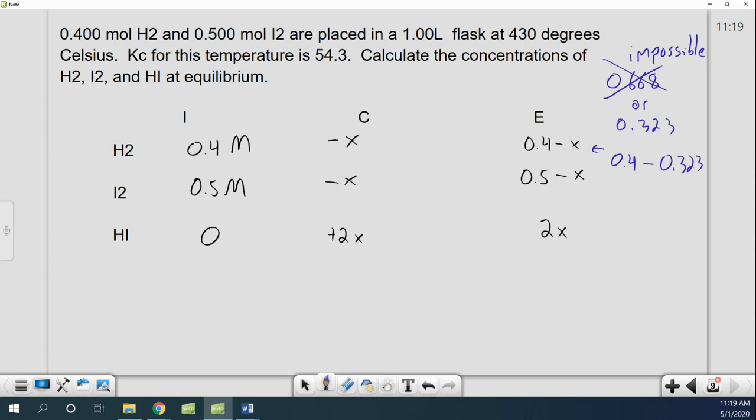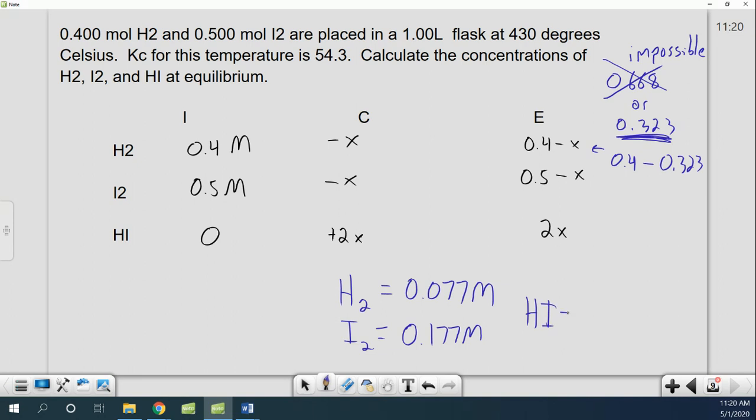So, okay, let's do it. 0.4 minus 0.323. So it turns out H2 at equilibrium is 0.077 molar. I2 at equilibrium is 0.5 minus, we'll use this same x for everyone, minus 0.323, 0.177 molar.